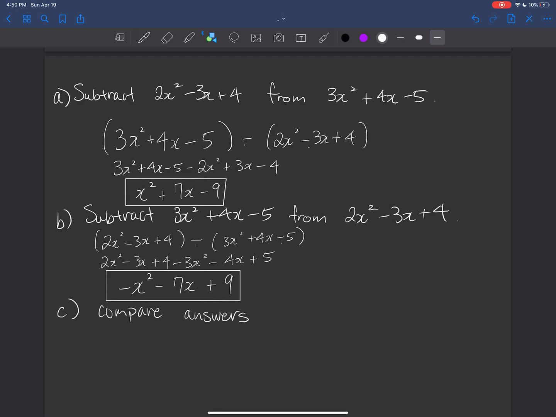All right, and let's look at our answers for A and B. x squared plus 7x minus 9 and negative x squared minus 7x plus 9.